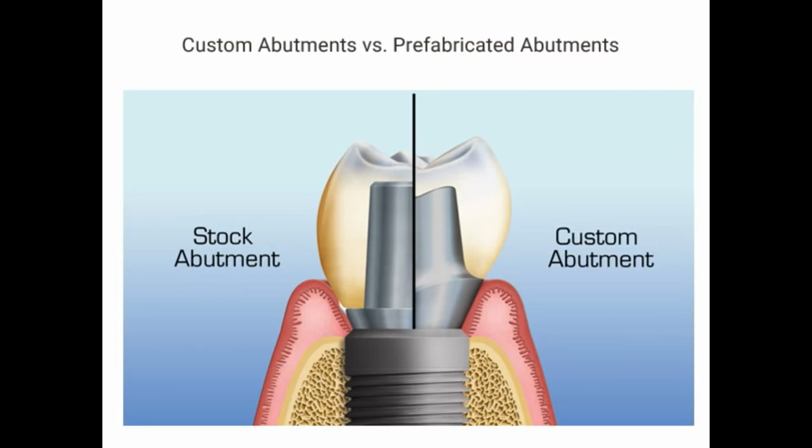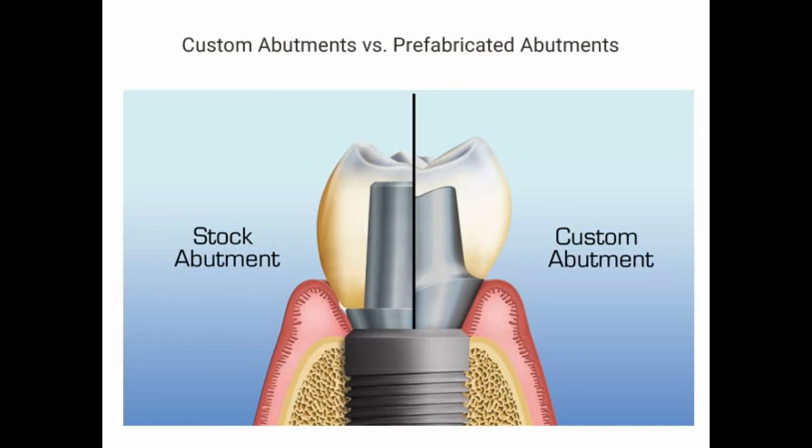When arriving at the office for restoration of an implant, the patient will present with a healing abutment screwed onto each of the implants. It is at this time when a determination is made as to whether to use a custom or prefabricated abutment. There are some instances when the use of a prefabricated abutment is contraindicated.